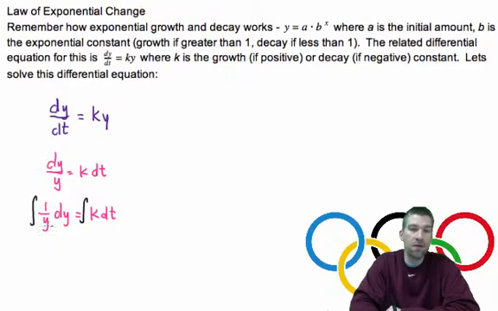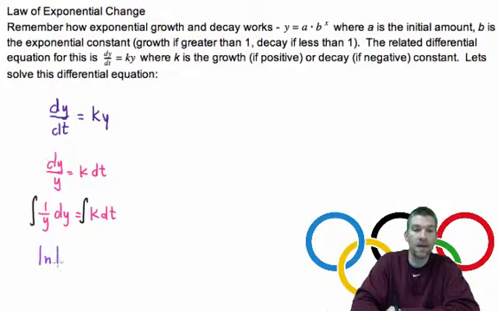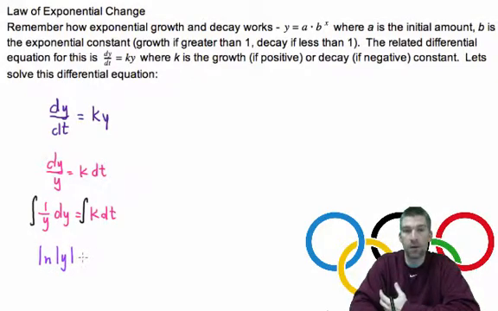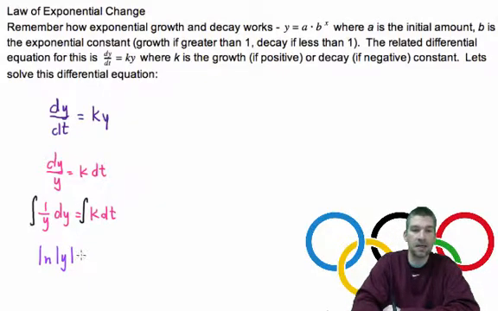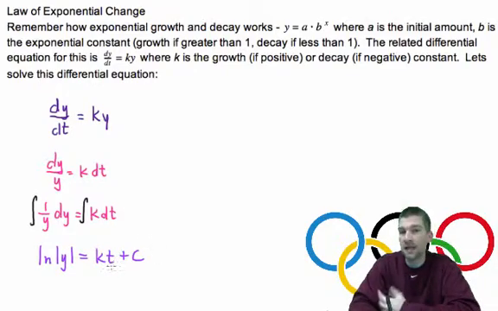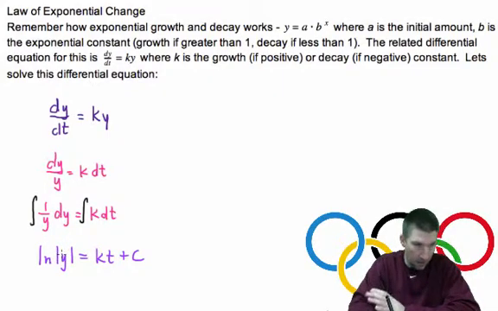The antiderivative of 1 over y is natural log of y, and the natural log only works with the absolute value of y, since that distance has to be positive. That's equal to k times t plus another constant. This constant can be anything, and even though we integrated both sides, this constant takes care of the possible constant on the left. I know it's weird. Just hang in there.